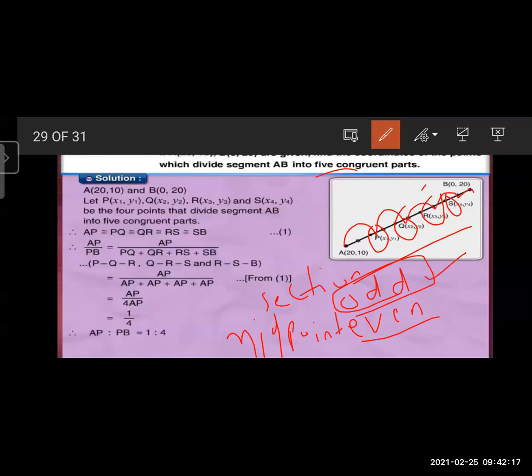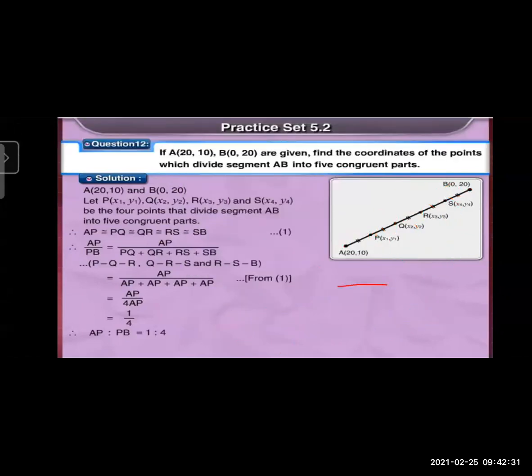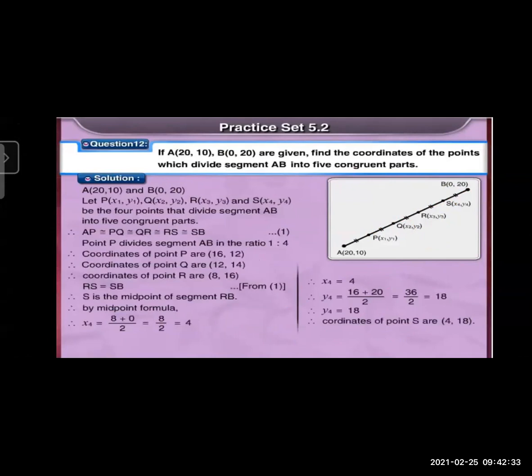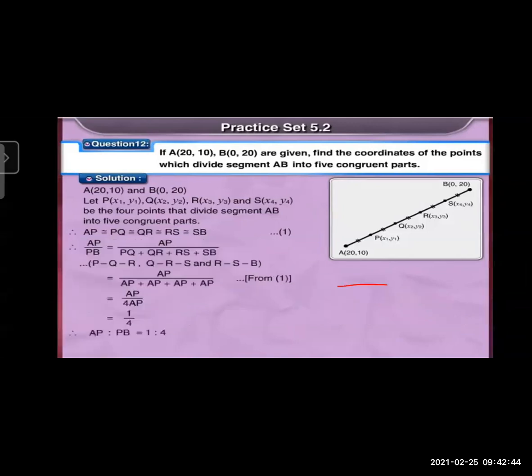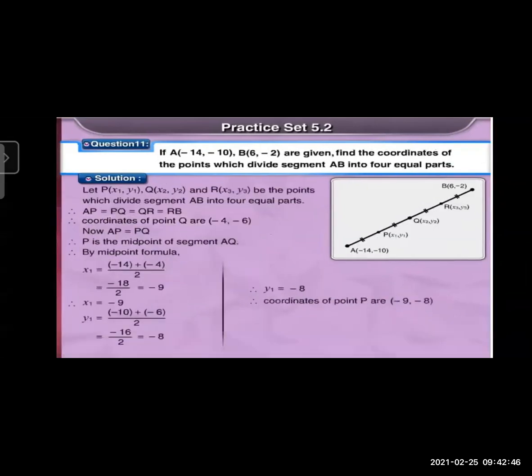So we get this ratio is 1 and this ratio is 4. 4 plus 1 is equal to 5. So we write AP by PB is equal to 1:4. If we get the ratio, then easily by using the section formula, we find the coordinates of P, Q, R, and S. So in this way, we solve our practice set 5.2.